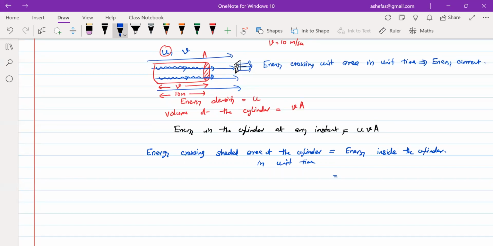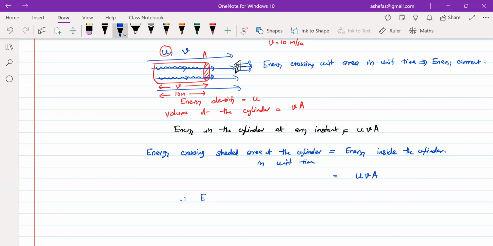And the energy inside the cylinder, as we already calculated, is U times V times A. Then what would be the energy crossing unit area in unit time?